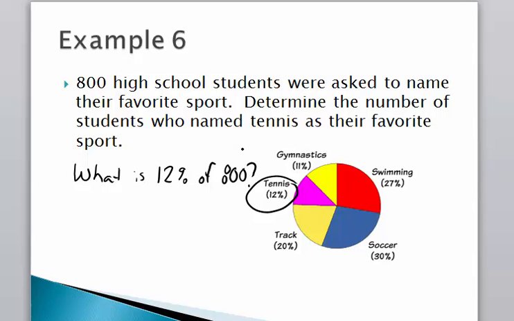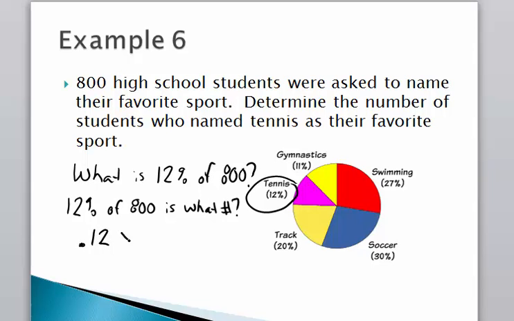And so again, we may want to rewrite this in the format that we're a little more comfortable with. We might want to say 12% of 800 is what number? And now we'll translate into a math equation. The 12%, we'll write it as 0.12.